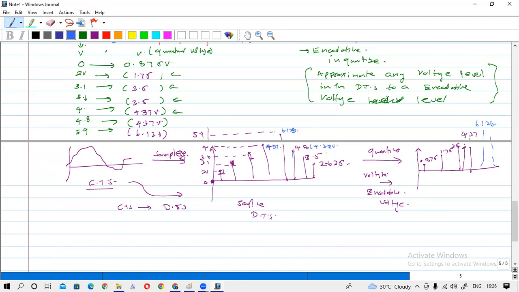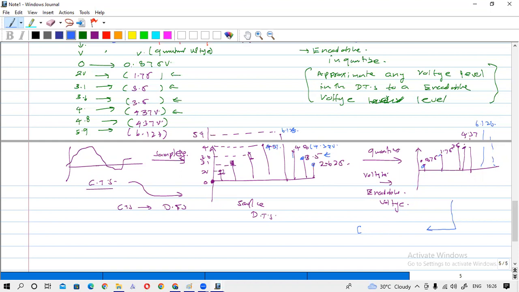And this 3.5, you can keep 3.5, no need to change, because 3.5 is an encodable value. And this is 2.625. That is also an encodable value. So you need not change. So this is the quantized signal. Then after that, you can assign the bits for these encodable values.